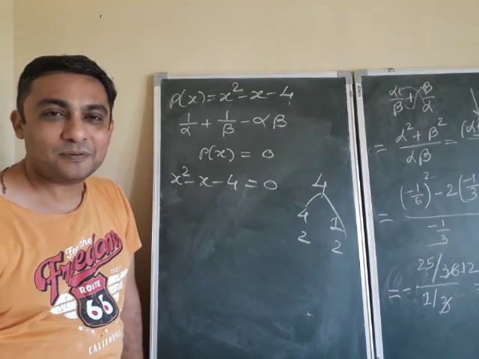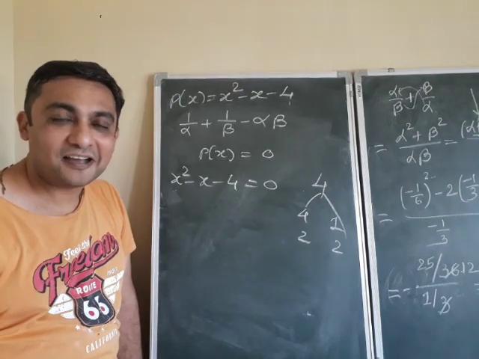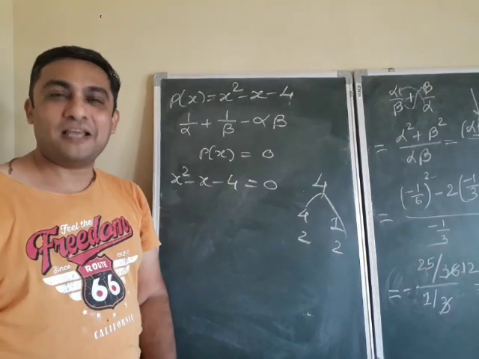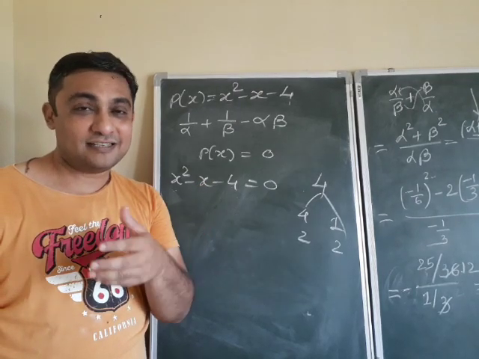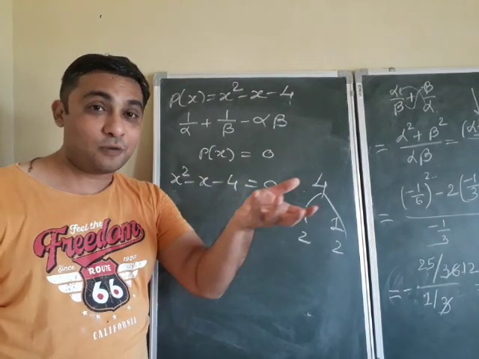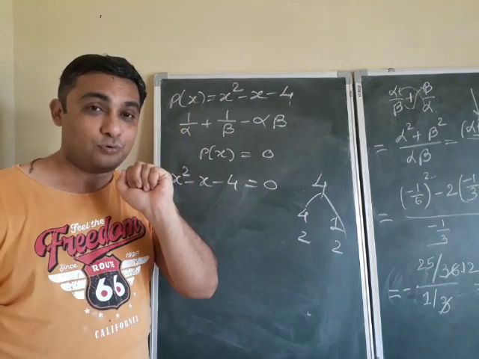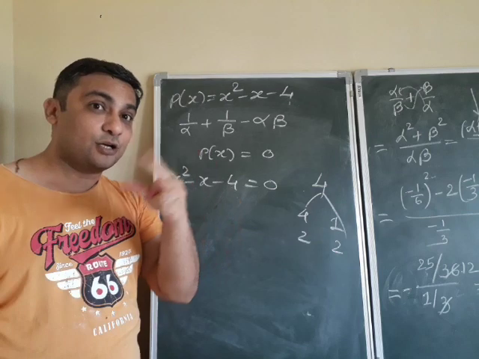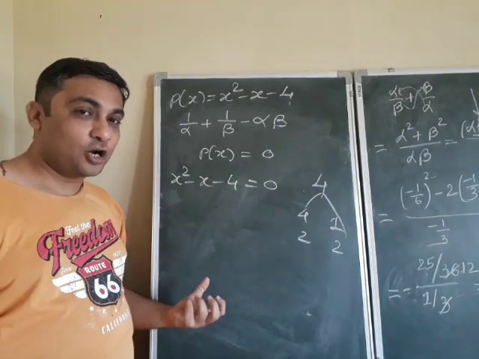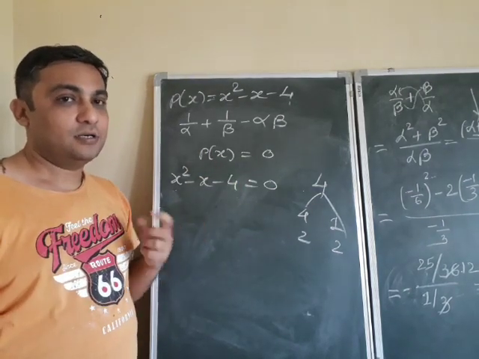Clear? Okay. Stuck? Yes or no? So the other method will be appropriate. Why? Because in that method zeros are not necessary. That method is just based on the sum of two roots and the product of two roots. This method is based on zeros. So if zeros are not possible, we are in trouble. Understood?